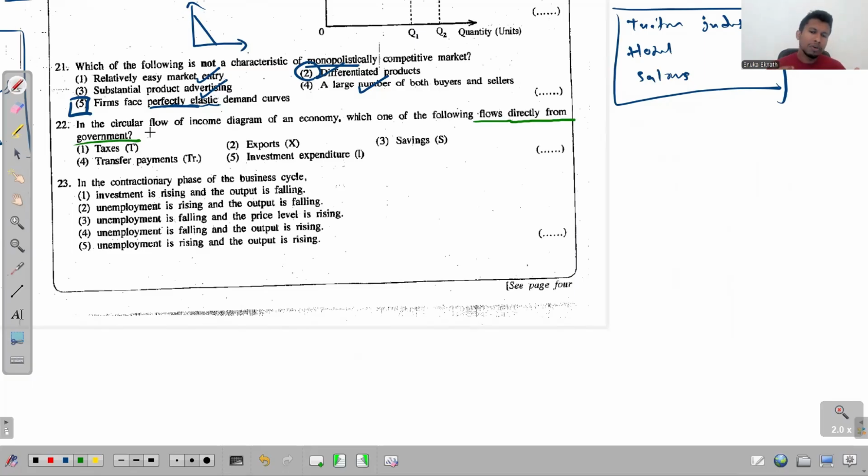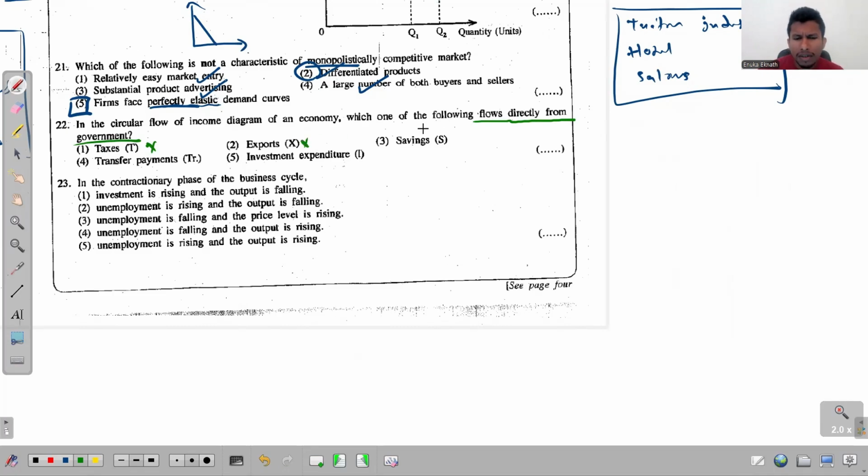So the flow should start from the government side. Taxes is not a flow that goes from the government, but a flow coming to the government from somewhere else. So it flows to the government, not from the government. So we can't take this.